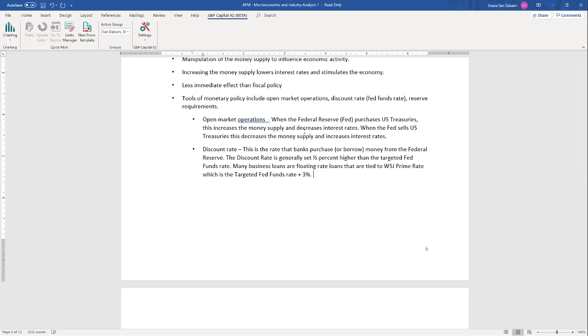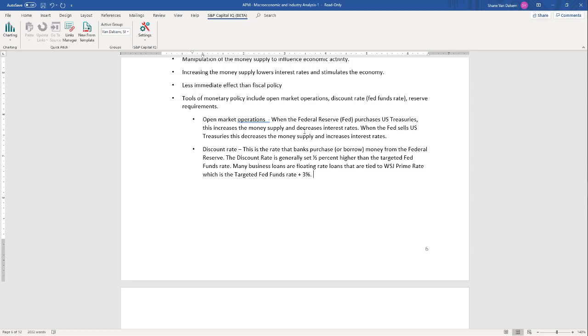So if the targeted Fed funds rate is 0%, which technically, what I've been told in the past, is it can't actually be 0%. That's why we see a range of 0 to 0.25%. But if the targeted Fed funds rate were 0, then the Wall Street Journal prime rate would be 3%.